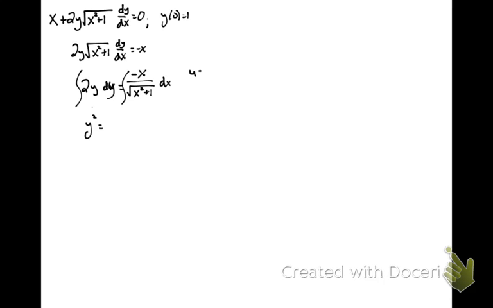If u equals x squared plus 1, then du equals 2x dx, or I'm going to divide both sides by negative 2, and negative 1/2 du equals negative x dx. By u substitution then, what I'm really working with is negative 1/2 times the integral of 1 over u to the 1/2 du.